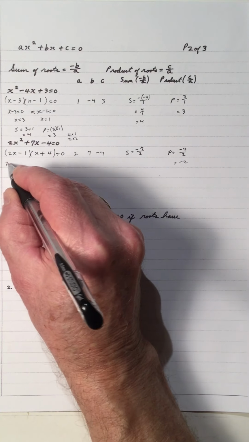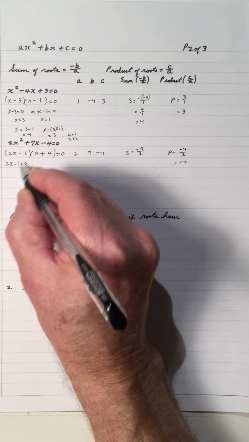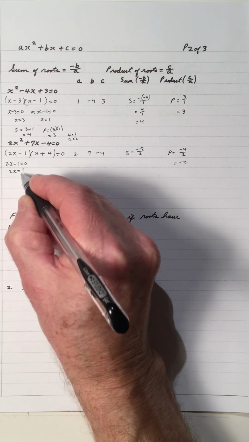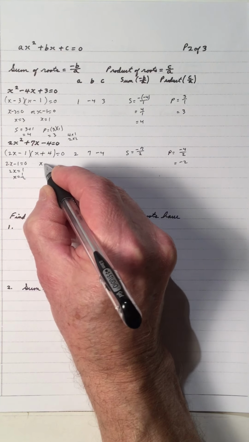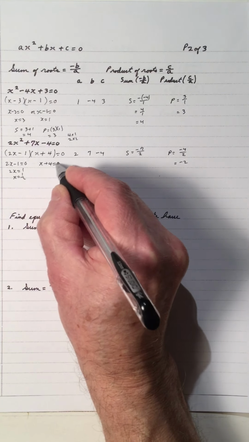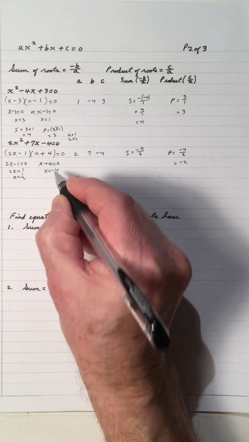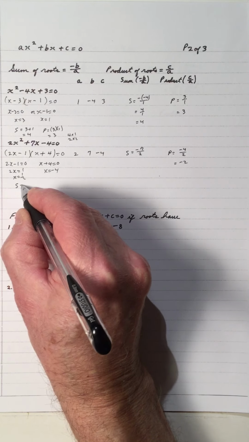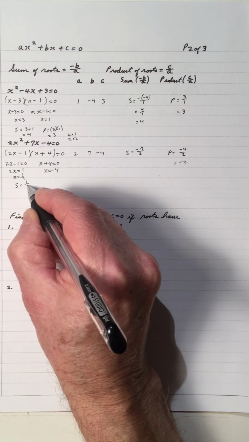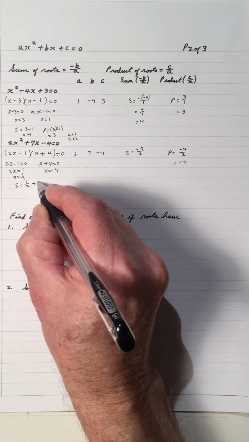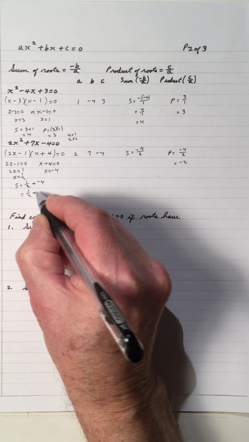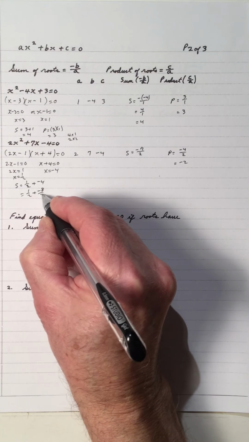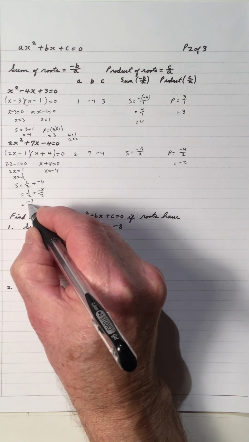So 2x minus 1 equals 0. 2x equals 1, divide by 2, x is a half. x plus 4 is equal to 0, x is equal to negative 4. So the sum of the roots is a half, add on negative 4. So a half minus 4 is negative 8 over 2, so that's negative 7 over 2.